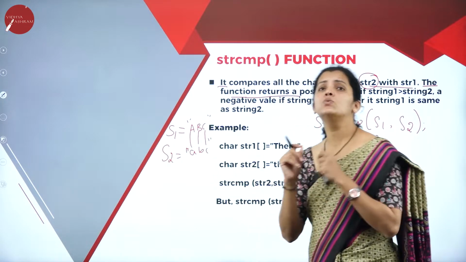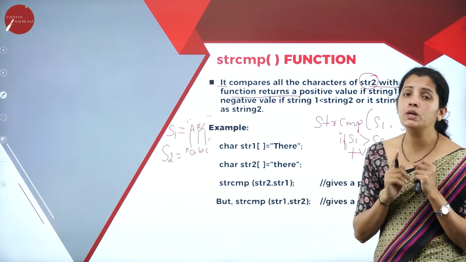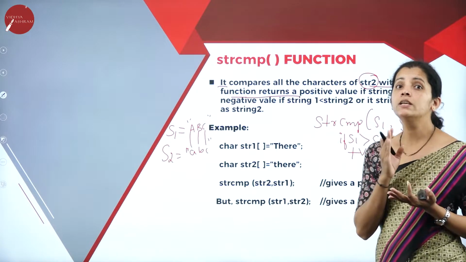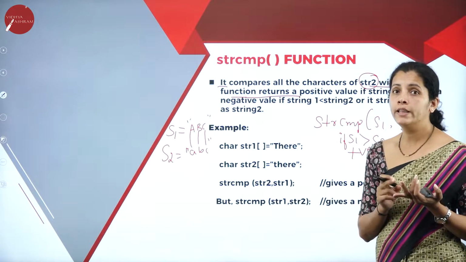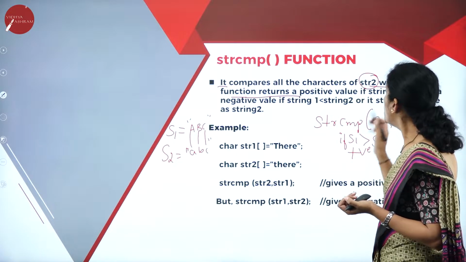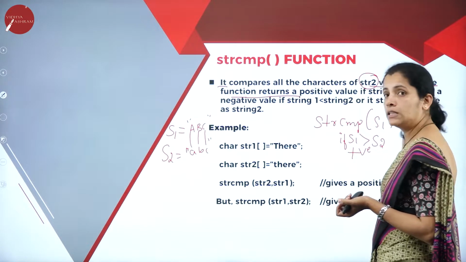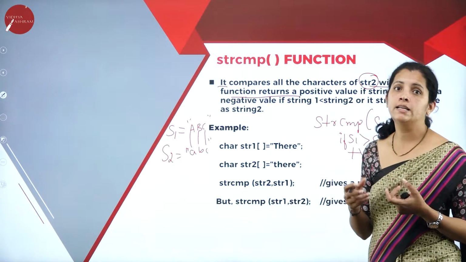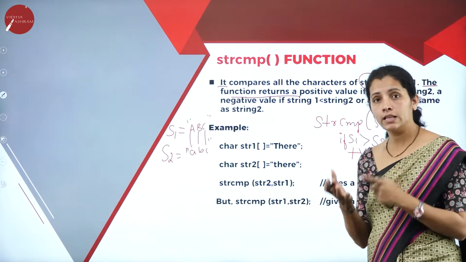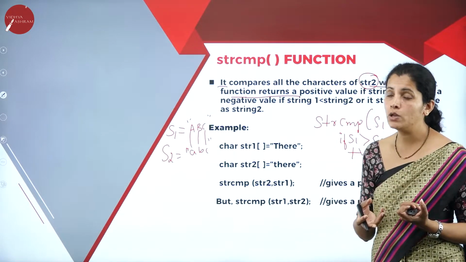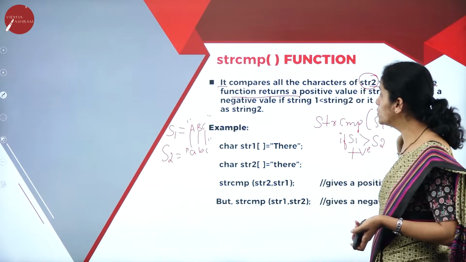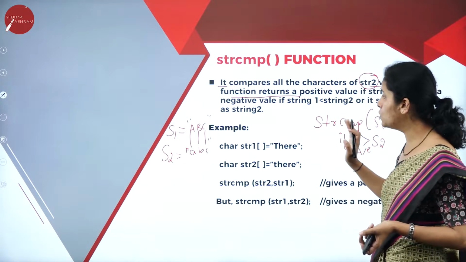This is the way it compares individual characters, and it returns three possible outputs: negative value, positive value, as well as 0. When s1 is greater than s2, obviously it is a positive value, and if s1 is less than s2, I get the negative value, and if both the strings are equal, it returns the value 0.